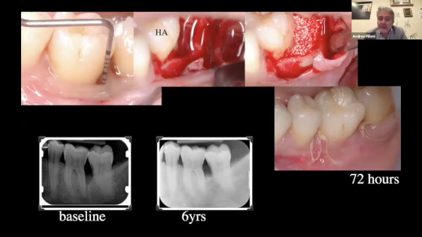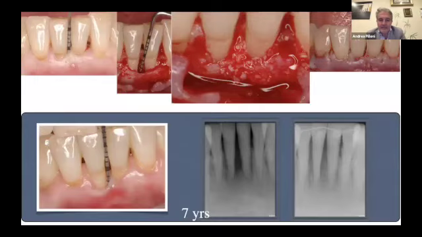I want to present you this series of pictures with another sandwich technique in a posterior area, where you can see that already at 72 hours, the healing is really nice, with no inflammation of marginal tissues, and from baseline to 6 years, a nice gain of attachment.